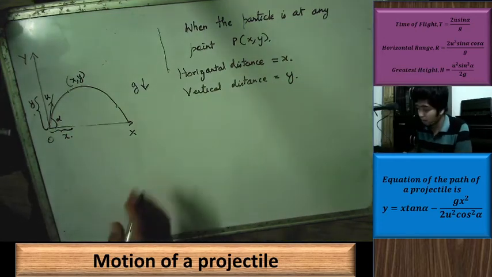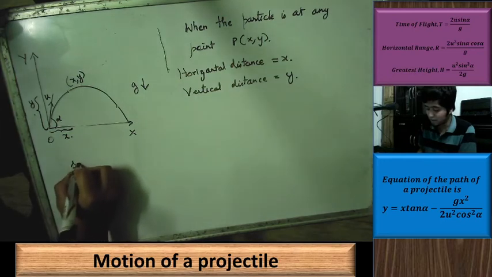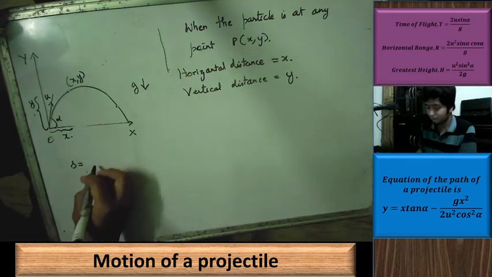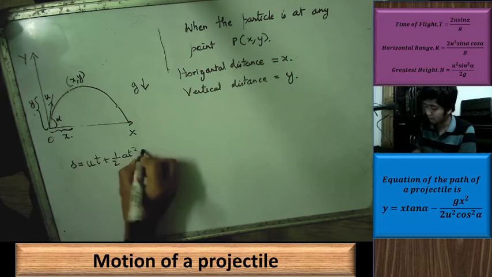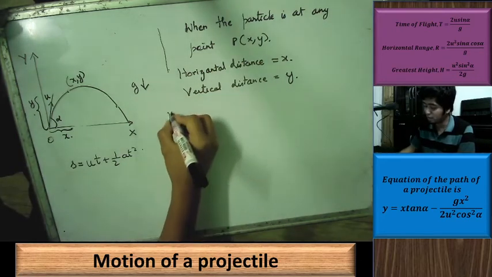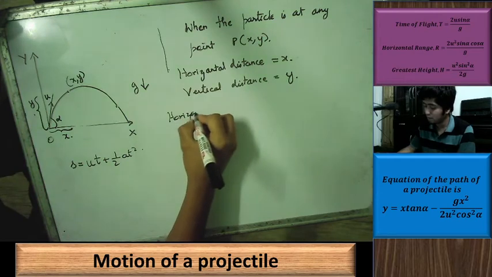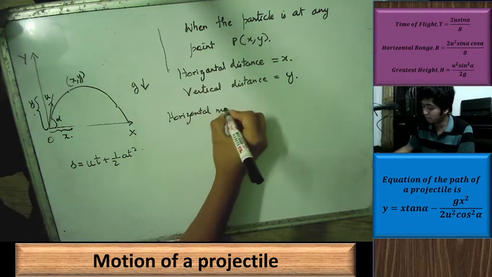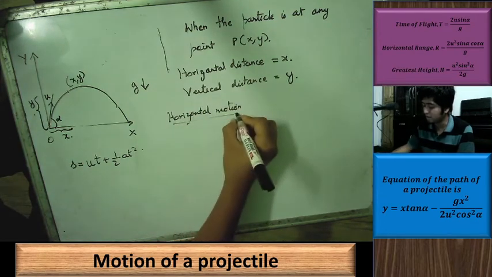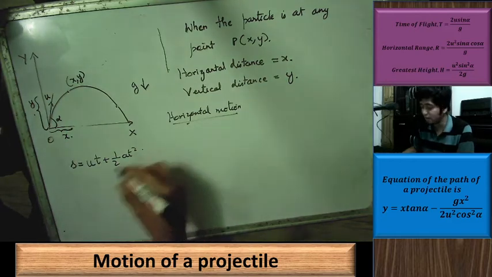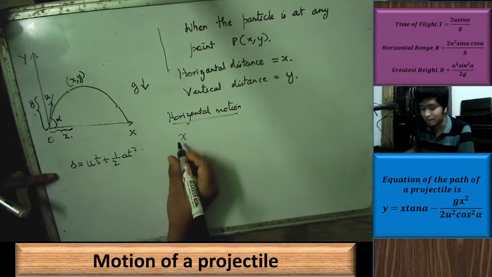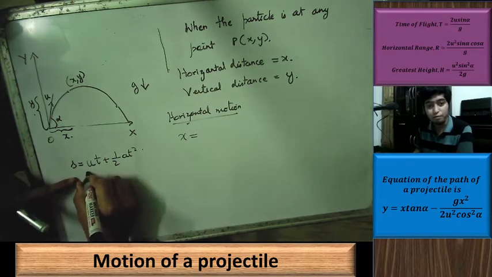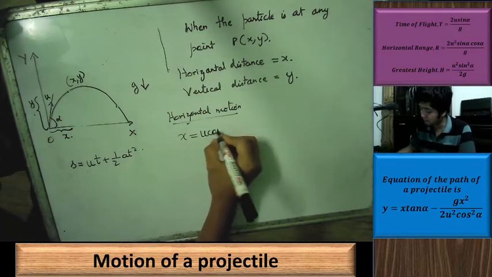Now we will again use the equation s equals ut plus half at squared. If you are using it for the horizontal motion, we will be having x instead of s, and instead of u, I will write u cos alpha.